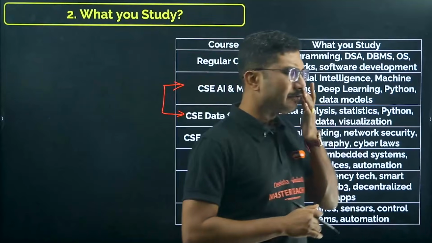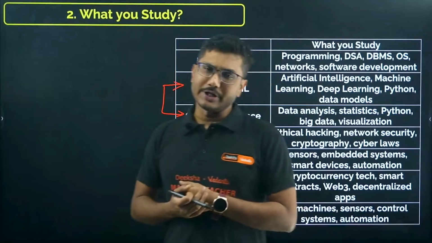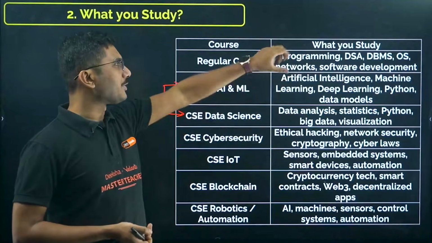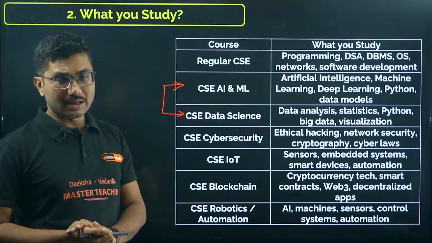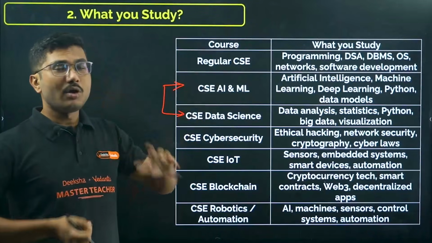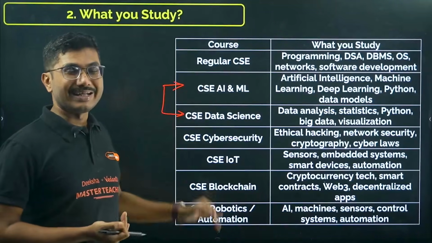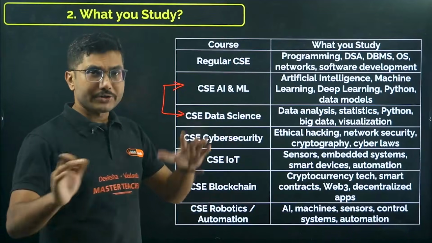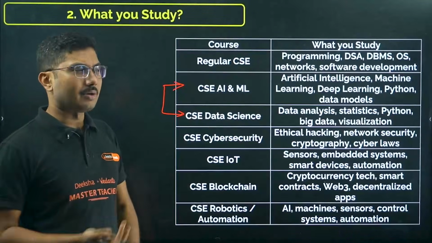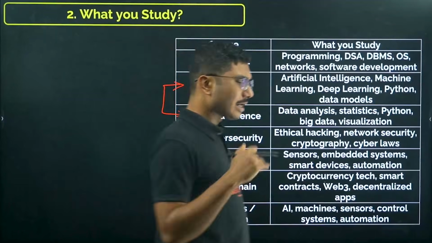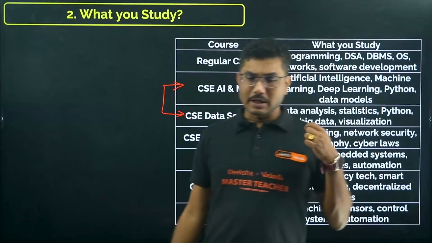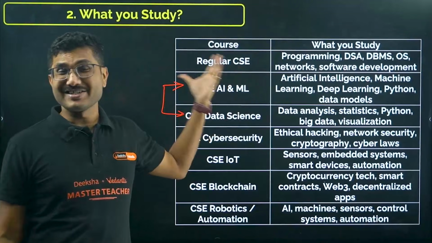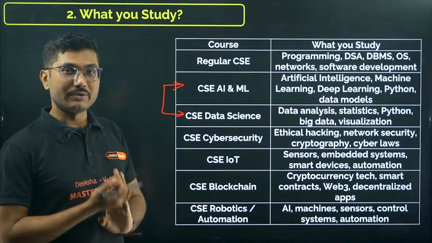A lot of other things are involved, but this is an IoT example. The Internet of Things is also a newer topic. Previously all the specializations were available if you studied CSE, but now they are separating it out as a separate branch as well. Now blockchain, as I mentioned, is not available in Karnataka as a separate branch, but you can study it as a specialization at a later stage if you are studying regular CSE.